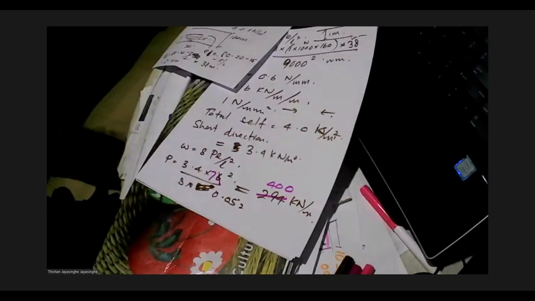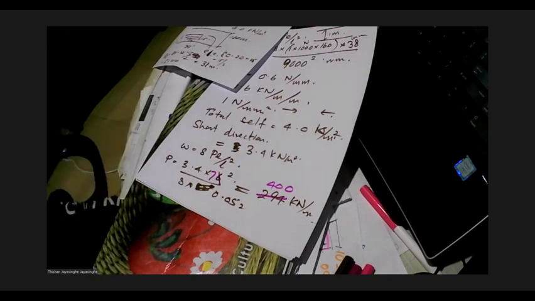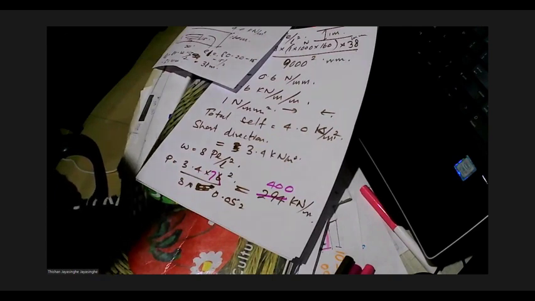Why? This is a two-way spanning slab. If it is two-way spanning, we have to see how much moment will act in the shorter span direction, how much moment will be acting in the longer span direction. So that is what we are going to do next. And once you know the moment in short span and long span direction, what are we going to do?